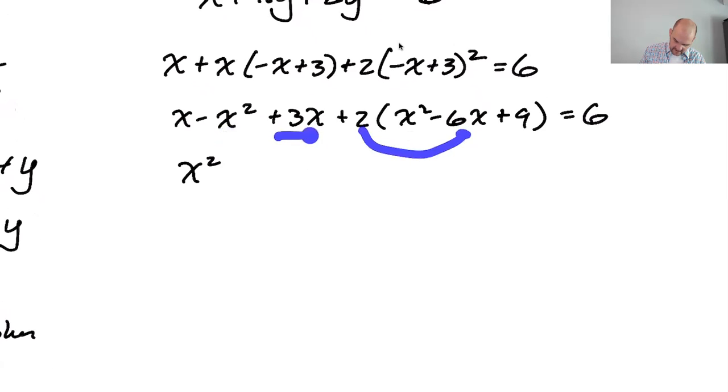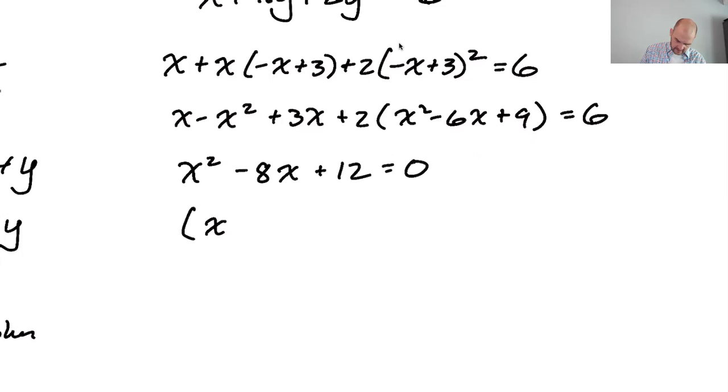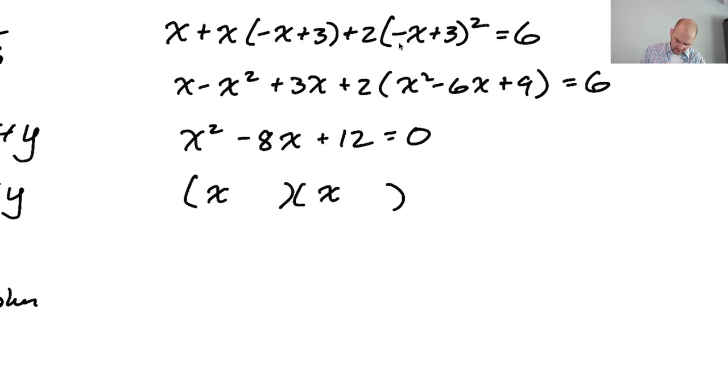Minus 12x plus 3x plus x is minus 8x. And then 18 minus 6 is 12, so x squared minus 8x plus 12 equals 0, which factors as (x minus 2)(x minus 6).